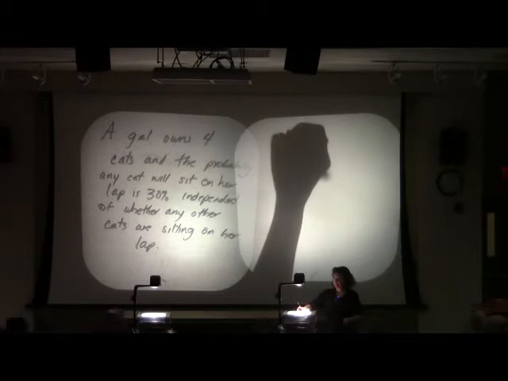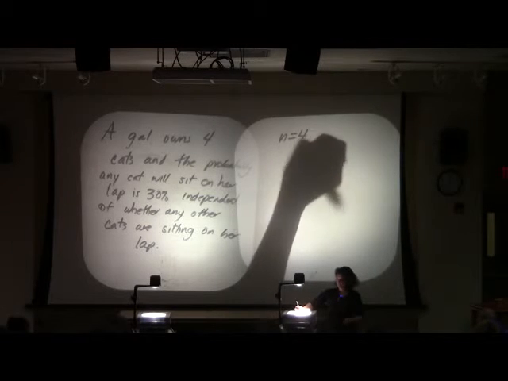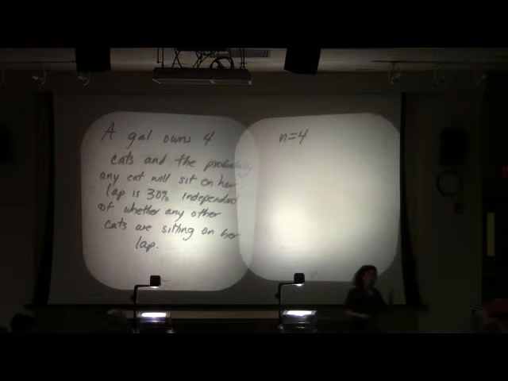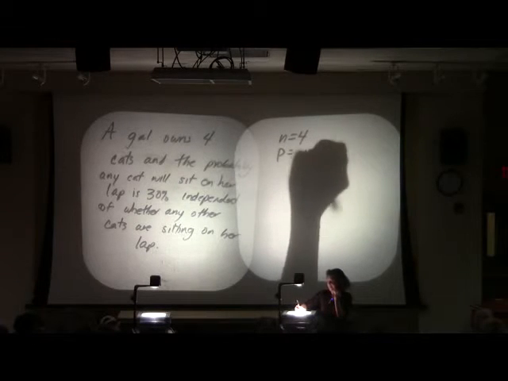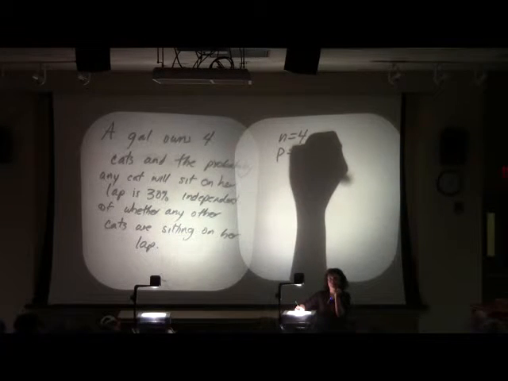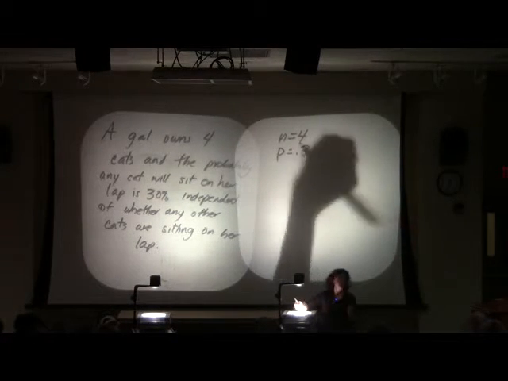All right, total binomial question. An experiment is repeated several times. How many cats do we have? 4. Well, two possible outcomes: either the kitty cat sits on her lap or it doesn't. You agree? What's the probability that the cat sits on her lap? 0.3.